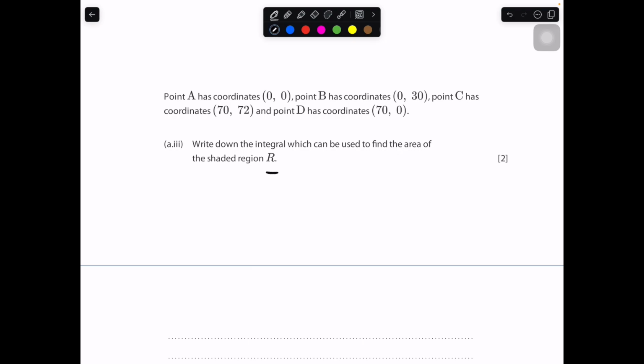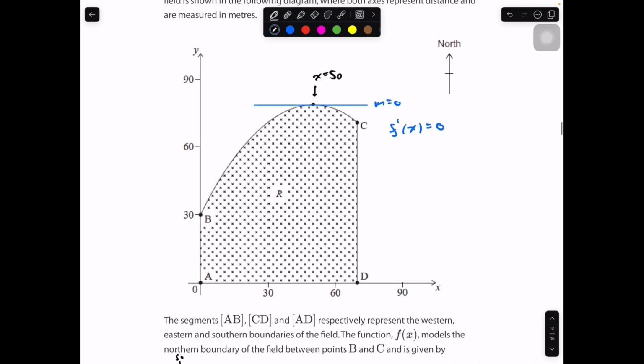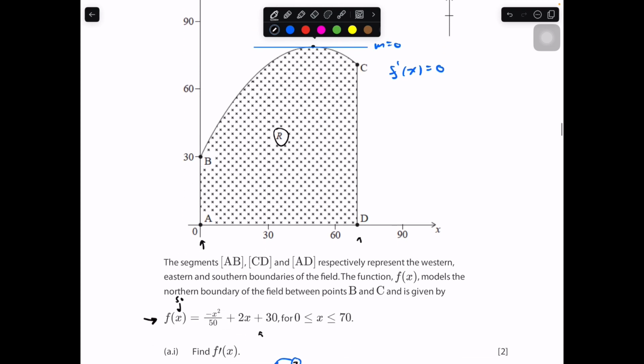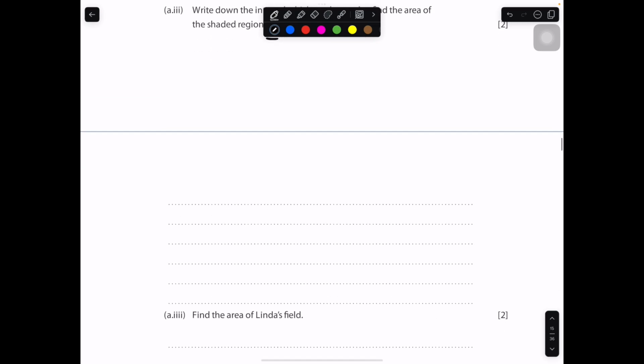Okay. Shaded region R. That doesn't seem too bad. So this is our shaded region R. Here's our starting point. Here's our ending point. We know that this was 70, a starting point of 0 to 70. And this was our function. So this actually is not too bad of a question.